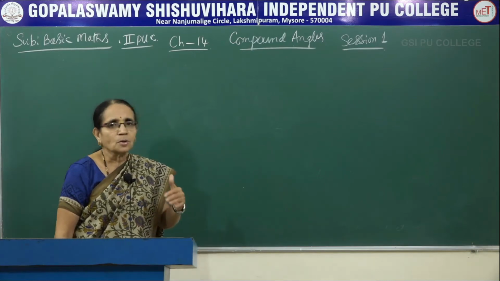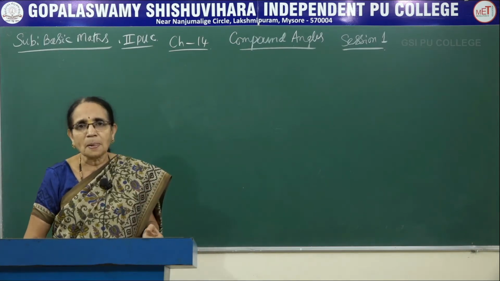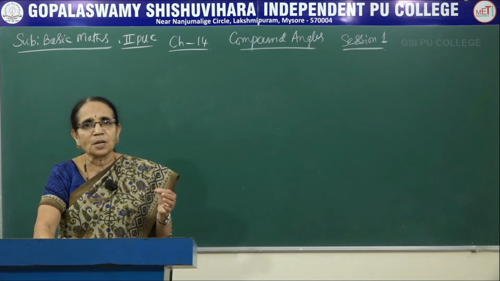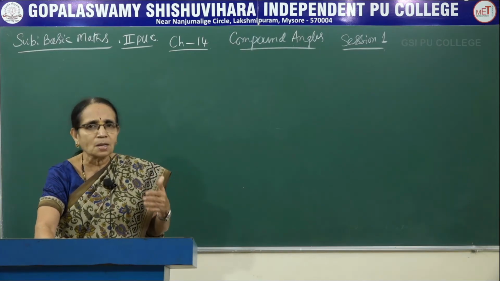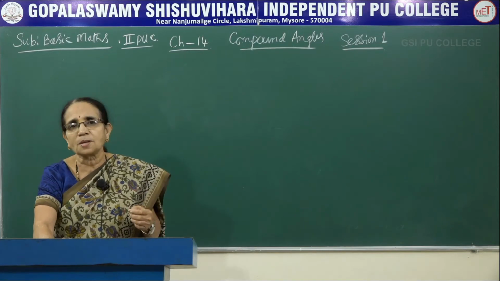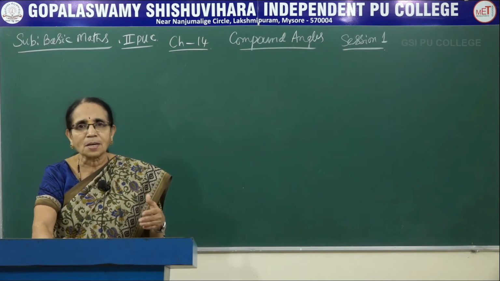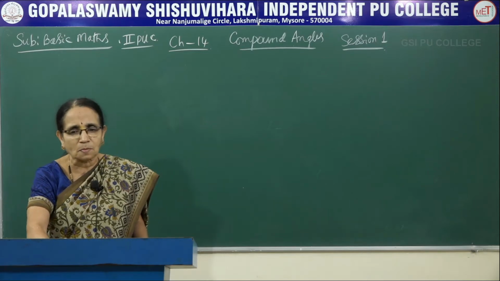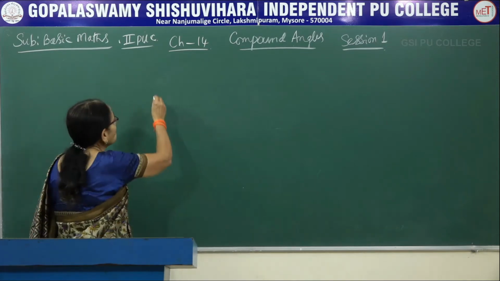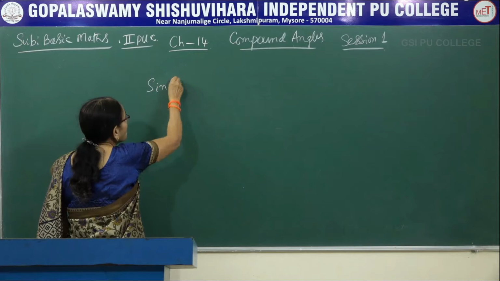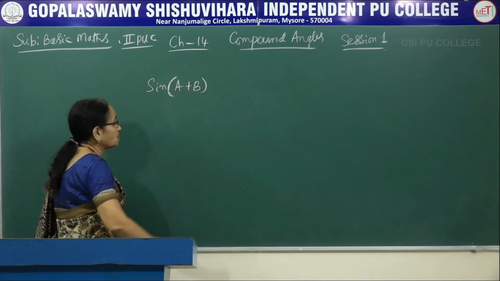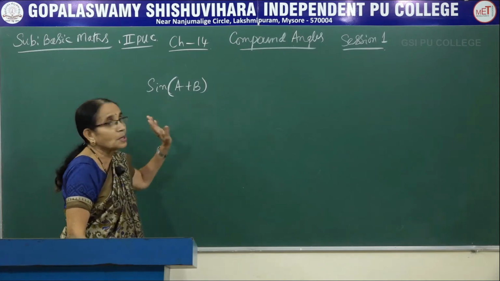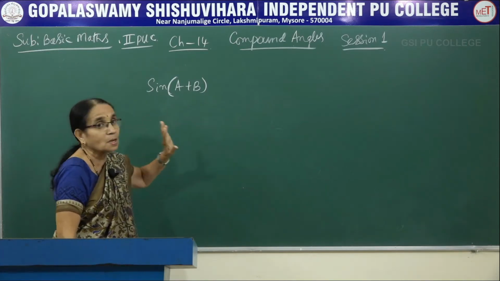Now, when you started learning about trigonometry, you had learnt about the basic definition of trigonometric ratios. What is sin theta, what is cosecant theta, all of them. In all those cases, we had considered only one angle. It may be sin theta or sin A or whatever. Here, I am getting the value of sin of A plus B. See, one thing you have to be alert about here. It is not the removal of the bracket. Many students commit that mistake.